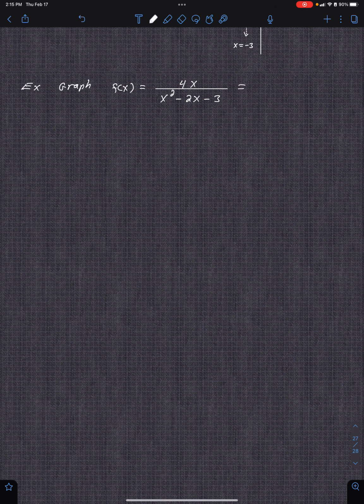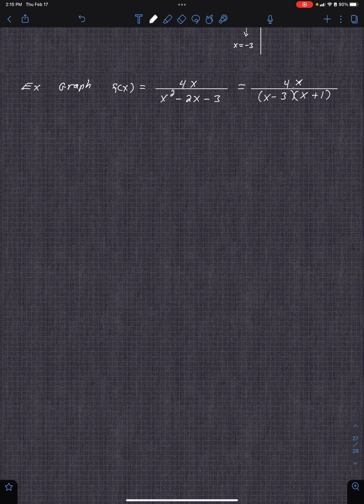First thing you do is what? Factor, right? So you factor it. Let me clean that up a little bit. Degree of the numerator compared to the degree of the denominator. You're thinking that right now. Okay, so first we factor. This is x minus 3 times x plus 1. Difference is -2. Okay, that looks right.